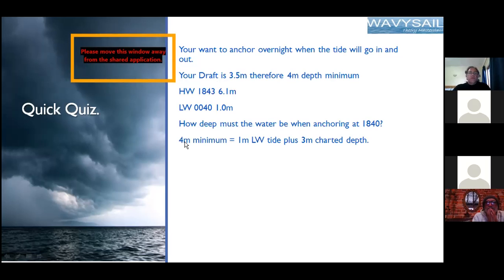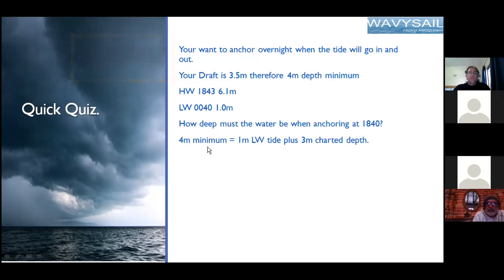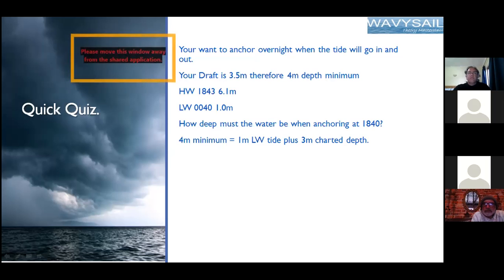So we want 4 meters minimum underneath, 1 meter low water tide plus 3 meters of charted depth. There's our 1 meter low plus 4 meters. Tidal range, 5.1 meters. So that's how much it'll drop.